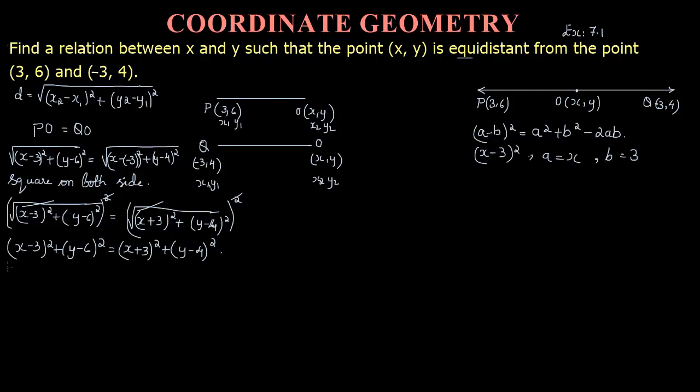Okay, so let me substitute here now. A square is nothing but x square plus 3 square. 3 square is nothing but 9. Then minus, not plus, because in the formula we have minus, 2ab: a is x, b is 3. So we are done with the (x - 3) whole square part.